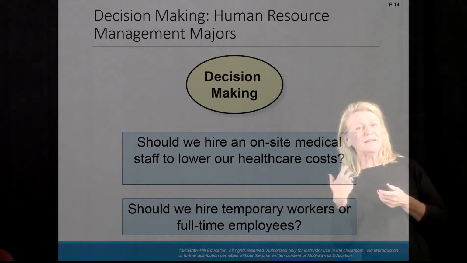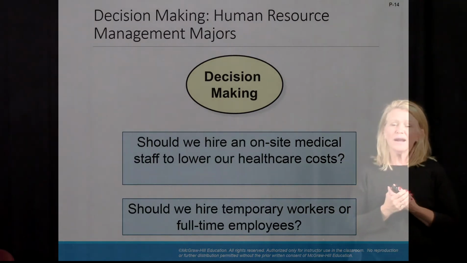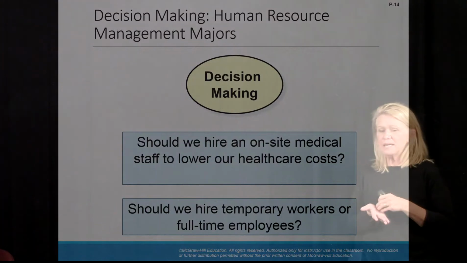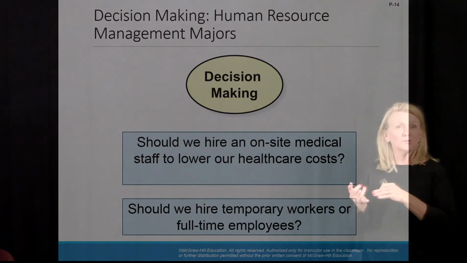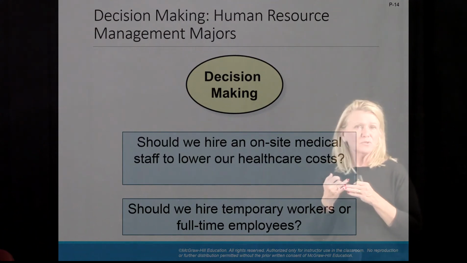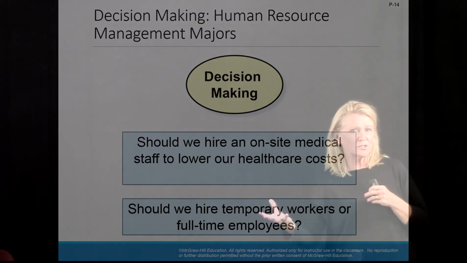I think this decision-making example was such a good one. Should we hire an on-site medical staff to lower our healthcare costs? It's something that many, many major corporations are doing now. Drury has the Panther Clinic on the main campus, and students or faculty and staff can walk in and see a nurse practitioner.